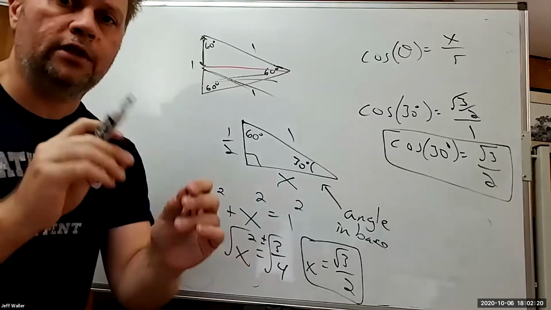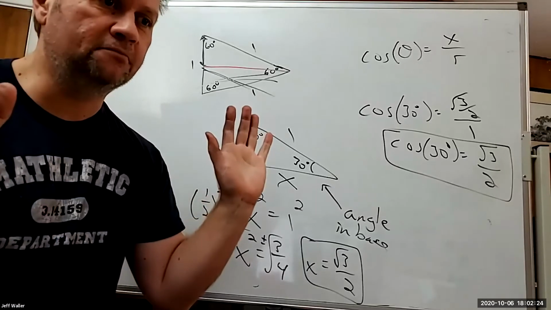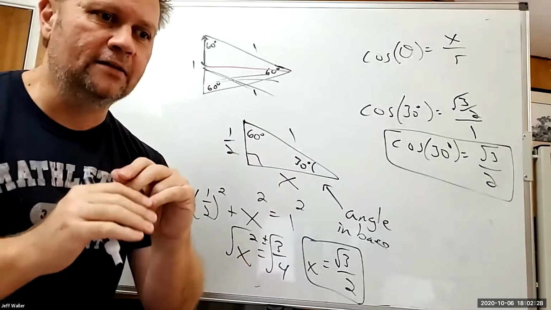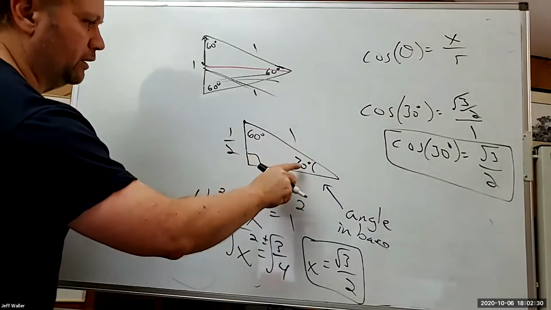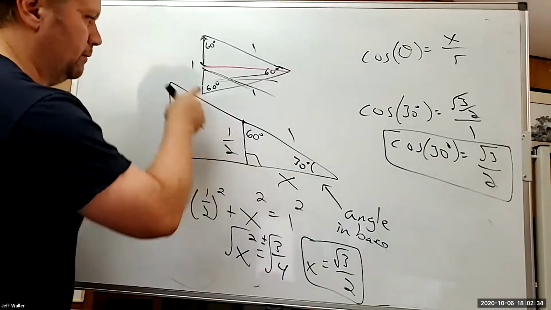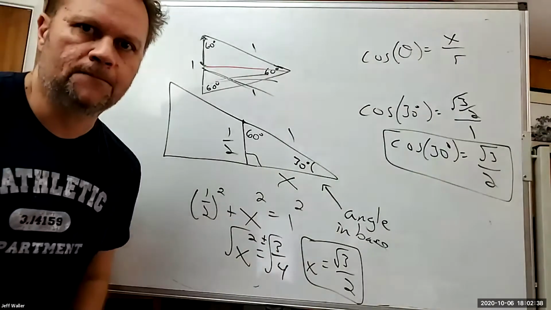I really want you guys to understand that. Cosine of 30 is √3/2. Nothing else matters. Because if I had a different size 30, 60, 90 triangle, it would be the same ratios. It would reduce to be this anyway.